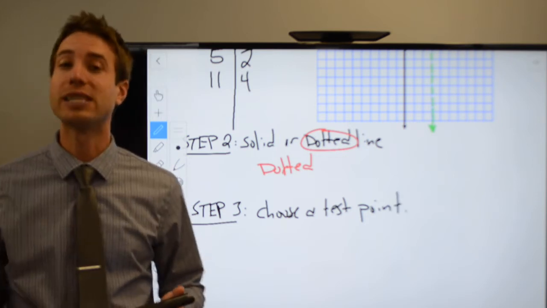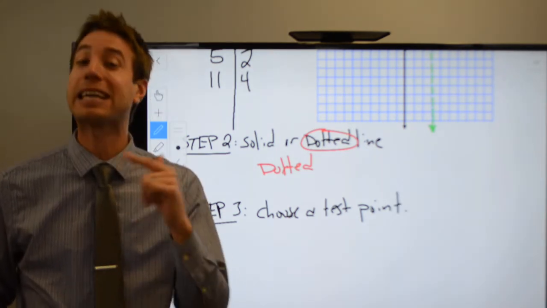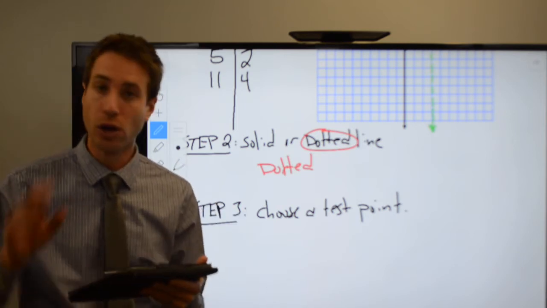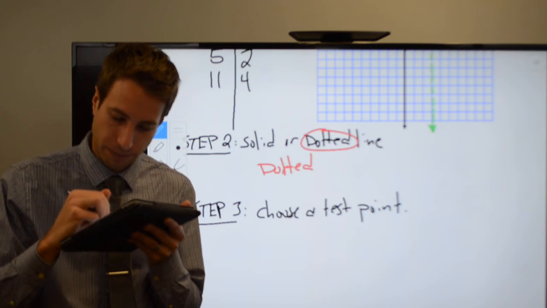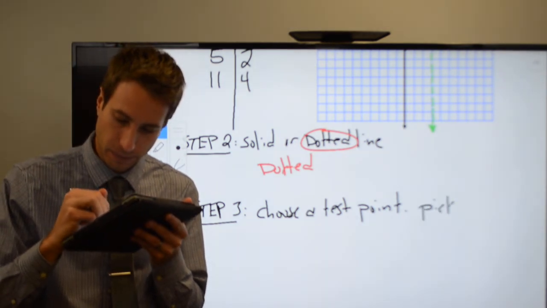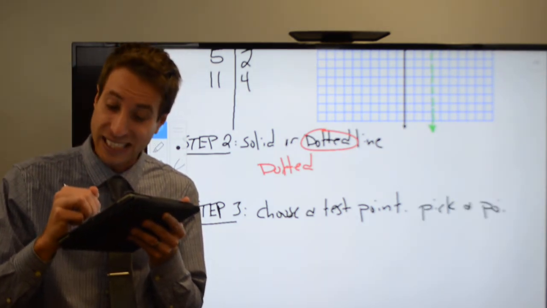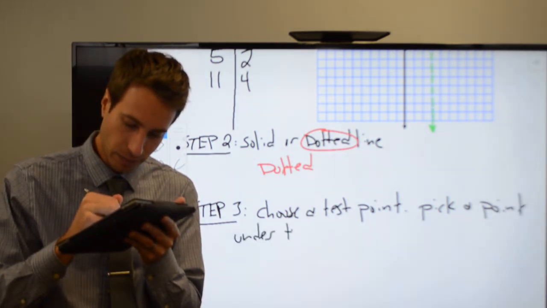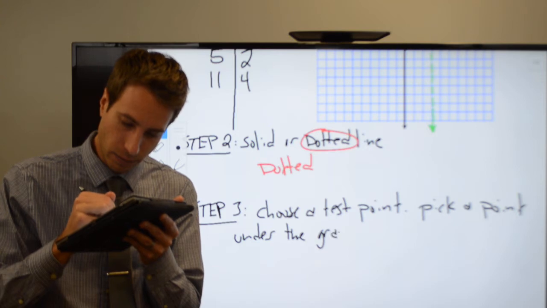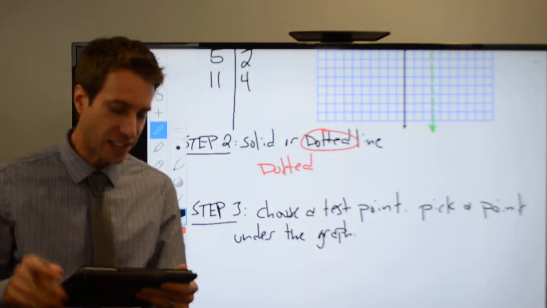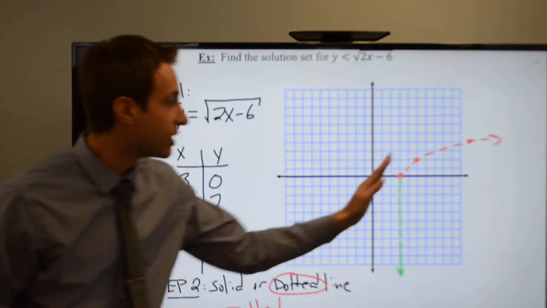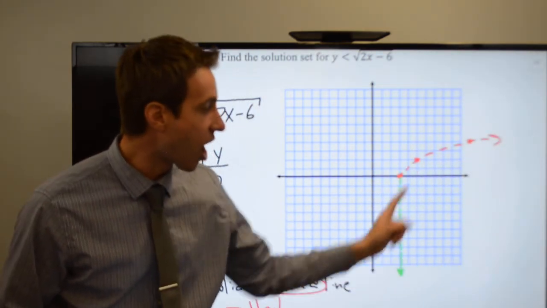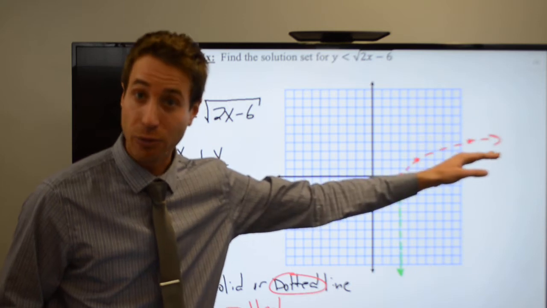Okay, when choosing a test point, you're going to want to pick a point that is underneath the graph of the radical. Pick a point that's easy to work with. Since this is the graph of my radical, I can pick any point I want underneath of that radical.